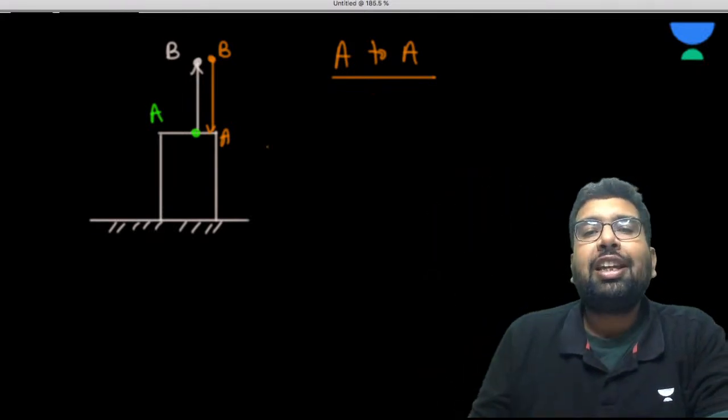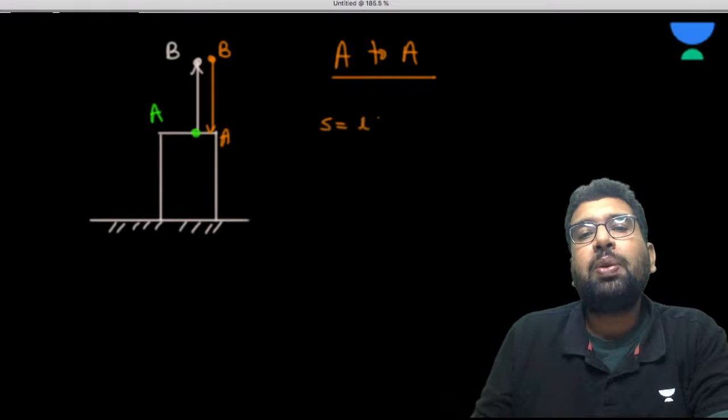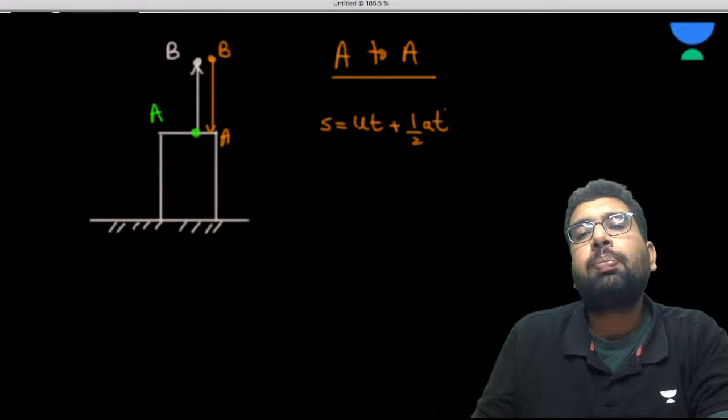Now, when we say this equation S equals UT plus half AT square, can you tell me what is the displacement?